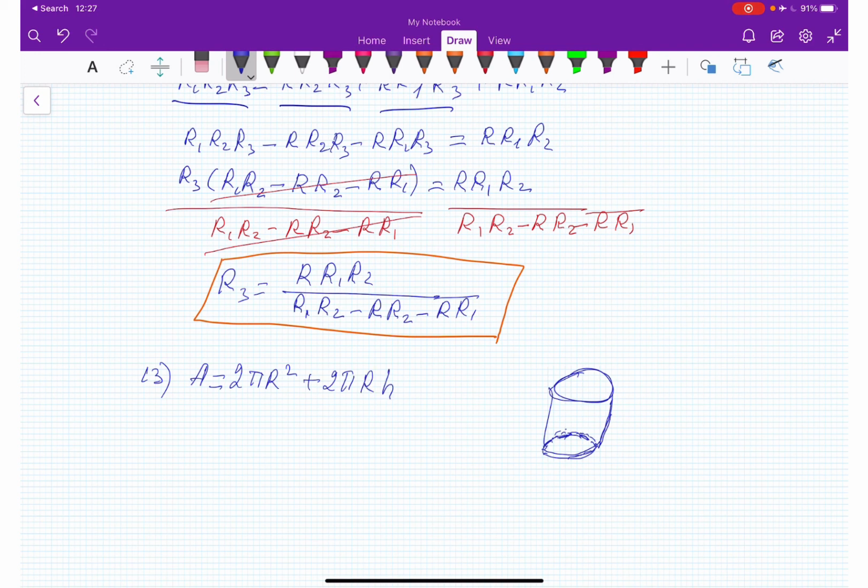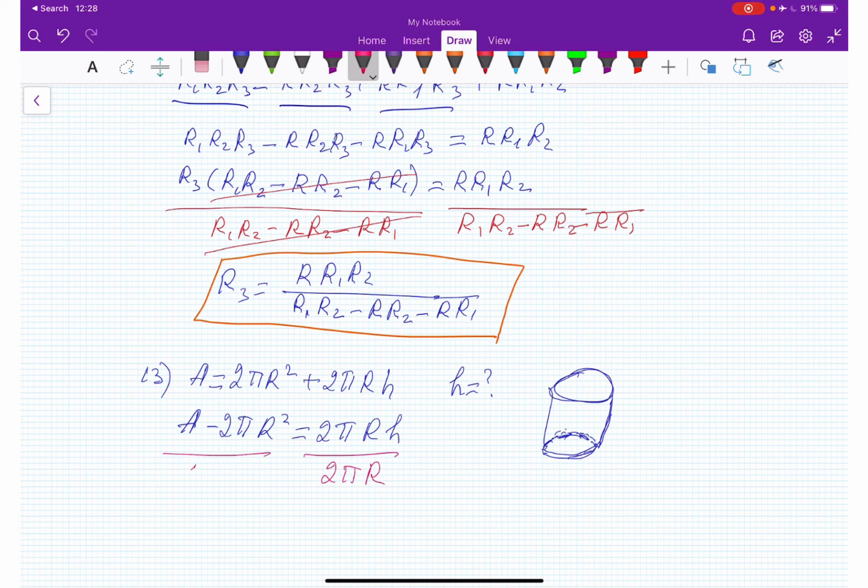All right. So let's find out the height. h is equal to question mark. So what we are doing, I'm moving 2 pi r squared: A minus 2 pi r squared is equal to 2 pi r h, right? And to find h, I am going to divide by 2 pi r.